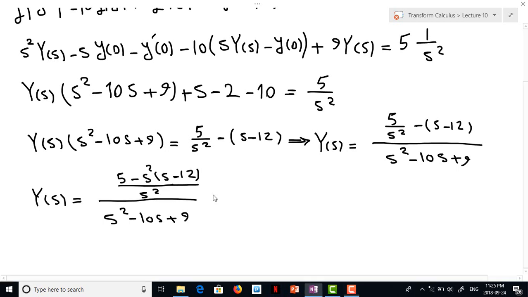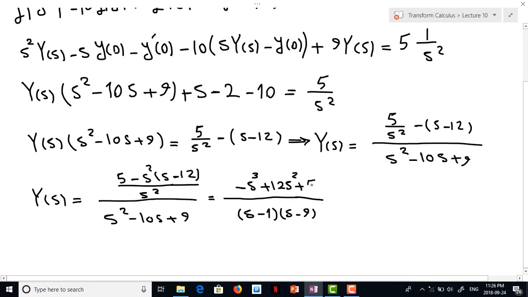Now I factor denominator: s squared minus 10s plus 9 is s minus 1 times s minus 9. And in numerator, if I simplify it, I have minus s cubed plus 12s squared plus 5. And we have 1 over s squared, so I can put it in denominator. So now I have to find partial fraction in terms of these functions.